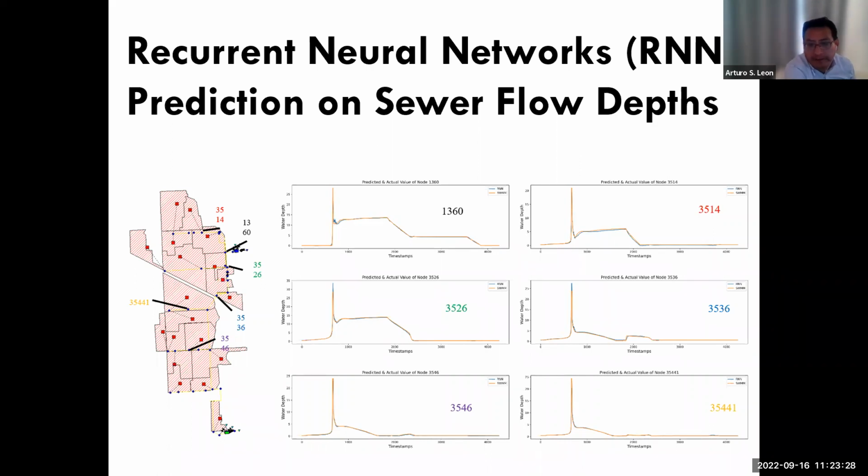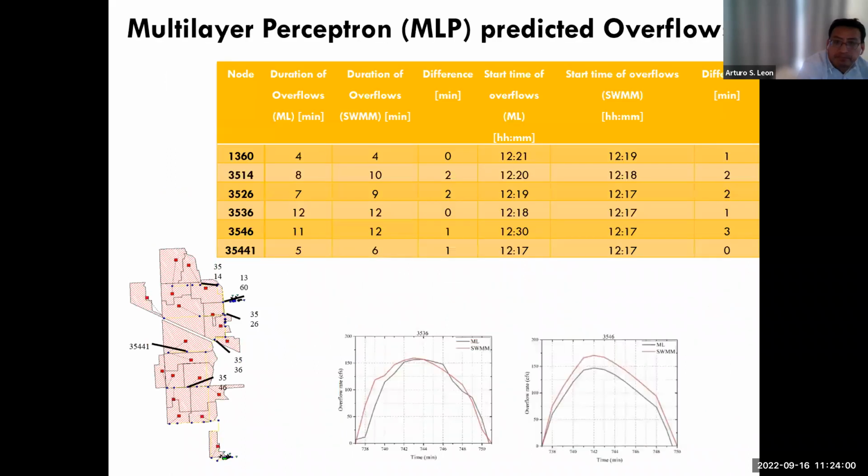We compared the water depths at multiple nodes using the SWMM model and using the recurrent neural network model. As you can see, the prediction by this model is very good. We were very surprised, and we got results which basically match the results of the SWMM simulation model.